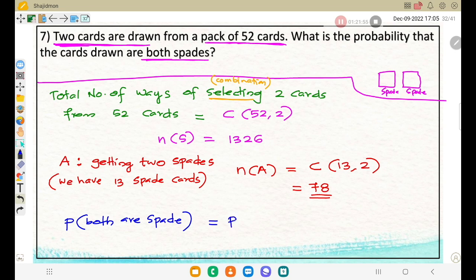Probability of A, getting 2 spade cards, equals number of elements of A divided by number of elements of S. What is number of elements of A? 78, divided by number of S, which is 1326. When we use a calculator, you will get 1/17. So this is the answer. Hope you understood that question.